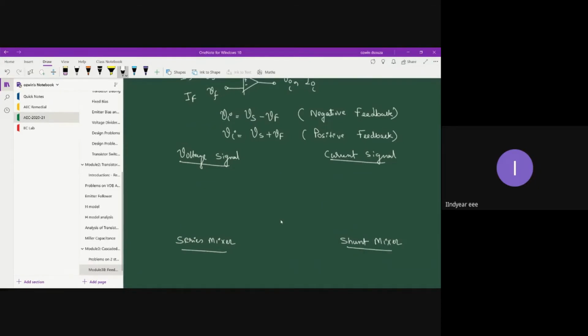The electrical diagram of a series mixer is as shown. Let's say this is RS, and this is Vs, the source signal.